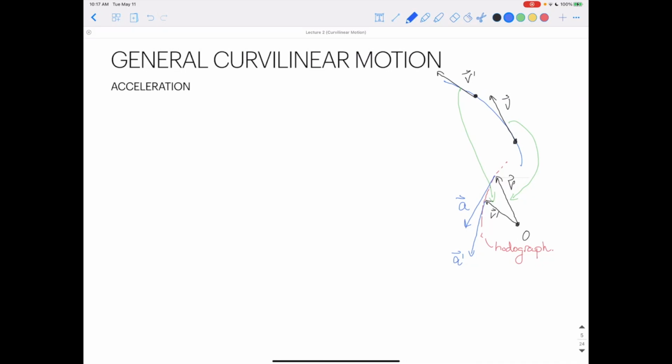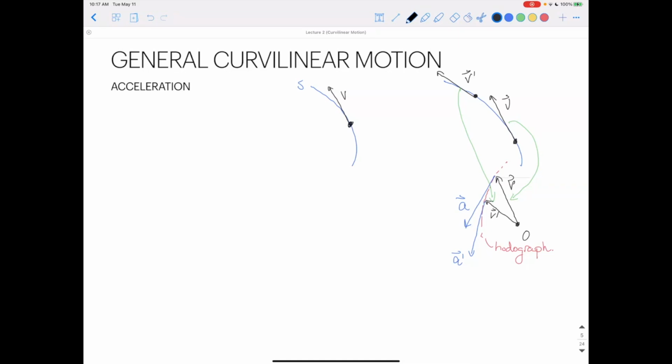So this is a little bit more abstract than what we might be used to. If we were to just draw a particle along its path, so here's our path S, here's our particle. If the velocity is moving along that path, so velocity is always tangent to that path, the acceleration is always going to be pointing inwards in the direction of curvature.